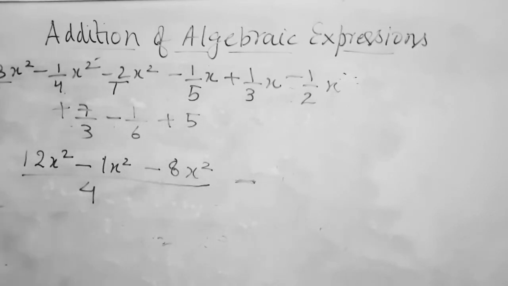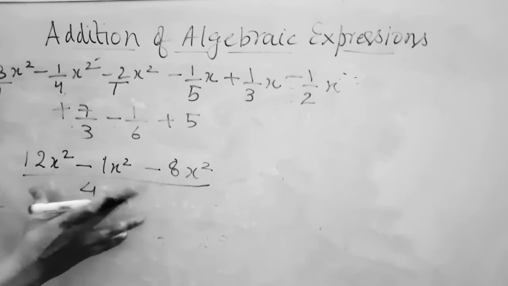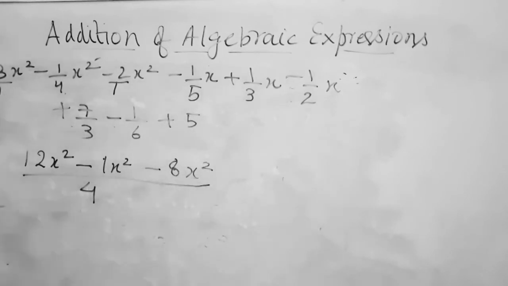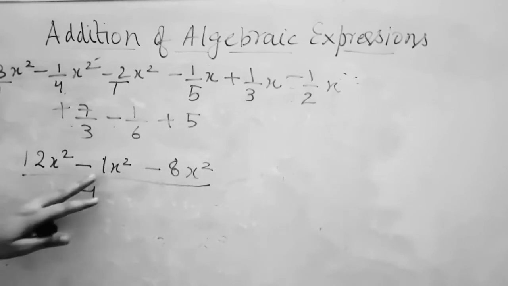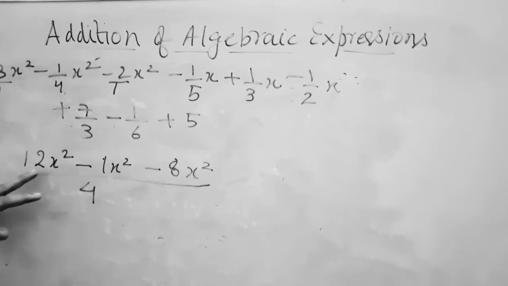Okay, now this one. Next step, minus 1 upon 5x plus 1 by 3x minus 1 by 2x. So 5, 3 and 2. What is the LCM of 5, 3 and 2? The LCM of 5, 3 and 2 is 30. Okay students. So first let me solve this part, then I will solve that part. Okay. So 12x square minus 1x square. It will be 11x square.